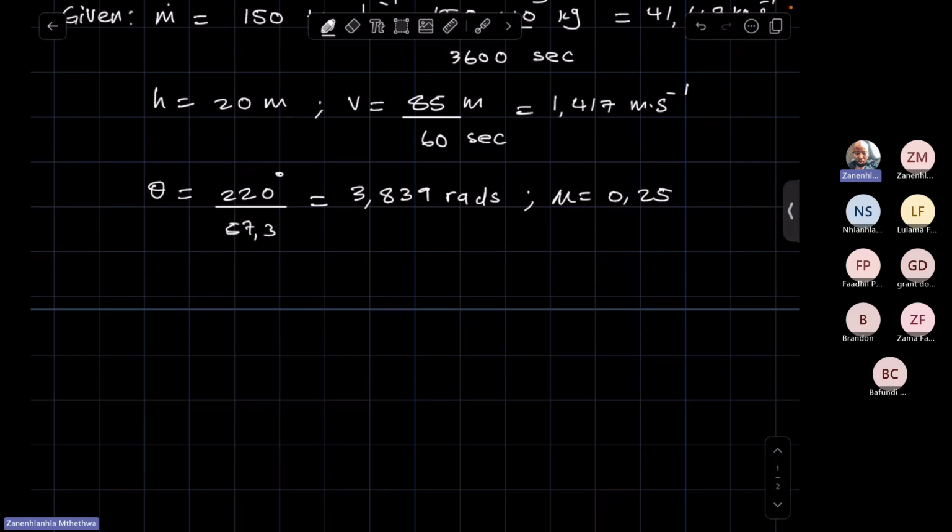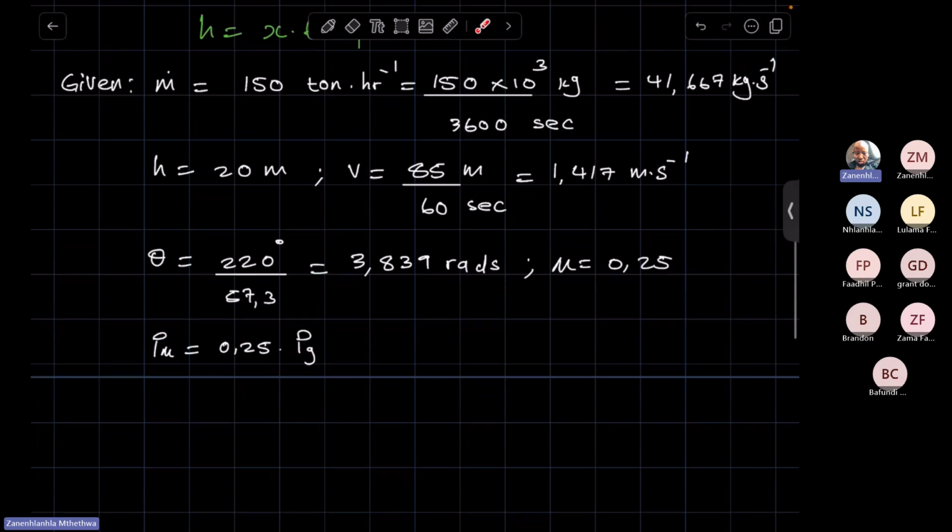So essentially, they've given us the ratio between the power to overcome friction and the power to overcome gravity. So the power to overcome friction, right, is 25% of, so 0.25 of the power to overcome gravity, right? So the power to overcome friction we would denote as P sub mu, and the power to overcome gravity we would denote as P sub G, right?